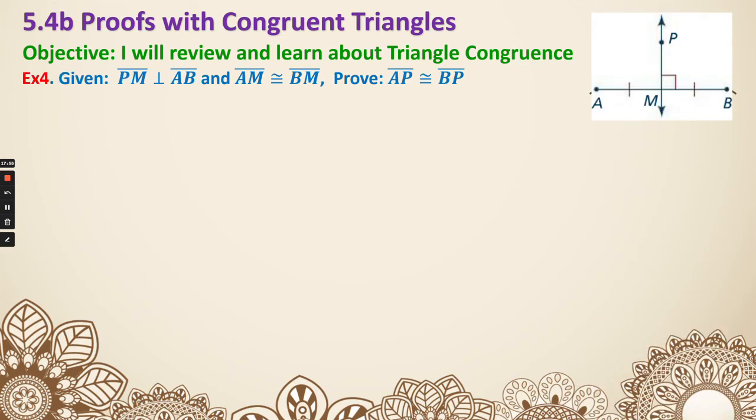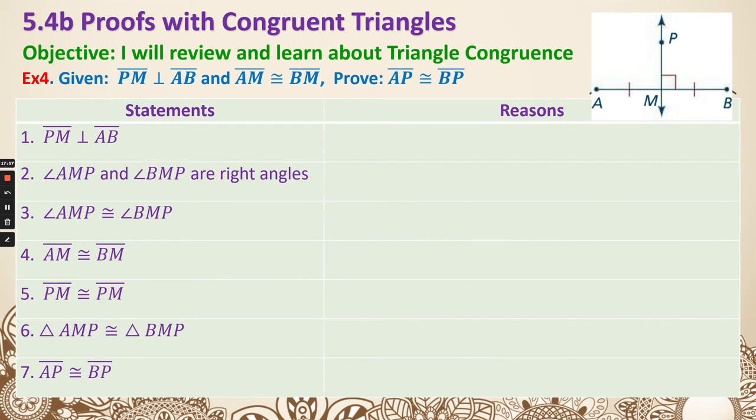We're given that. And if you have a look, PM is perpendicular, that's given. AM is congruent with BM. We know that. We're trying to prove AP is congruent with BP. That's what we're trying to prove. And if you have a look, we share this one side, we have this angle, we have another side. So that means we use the triangles to prove it.